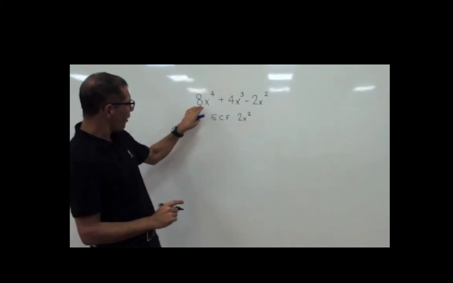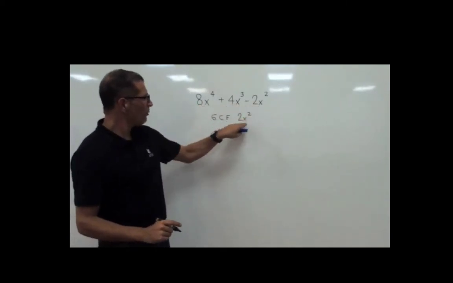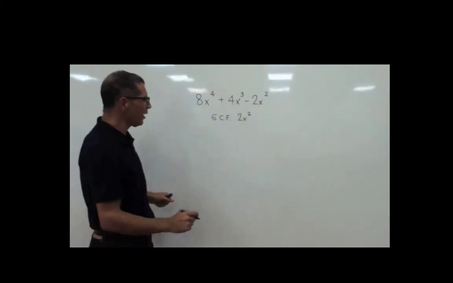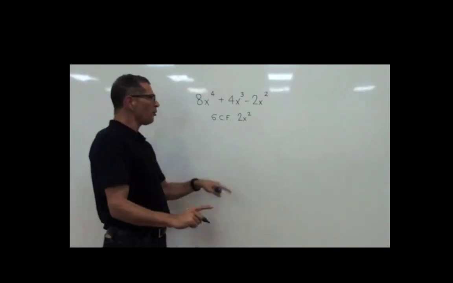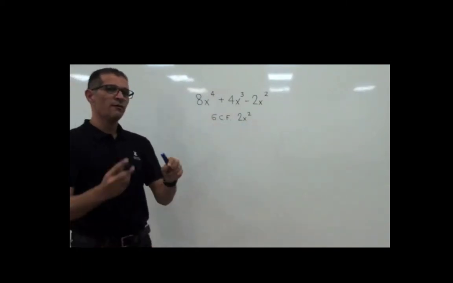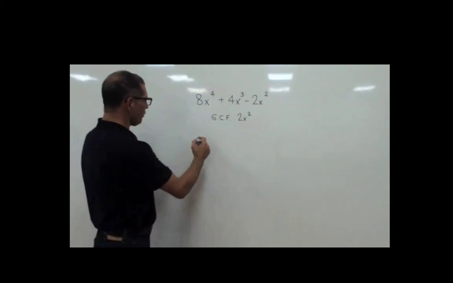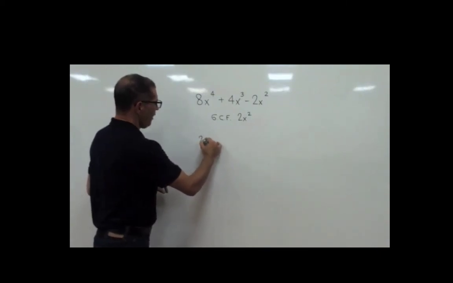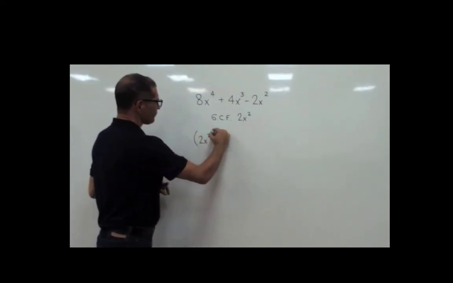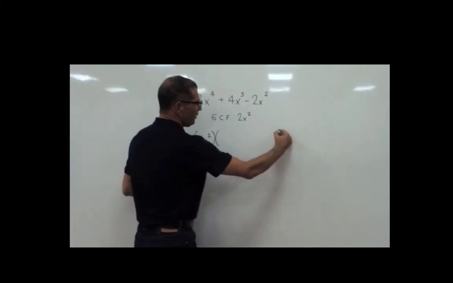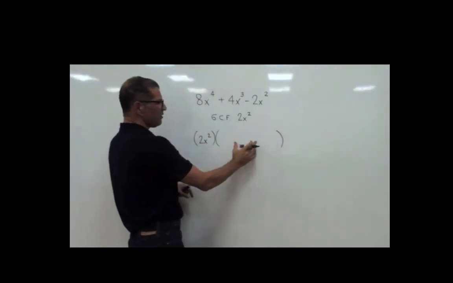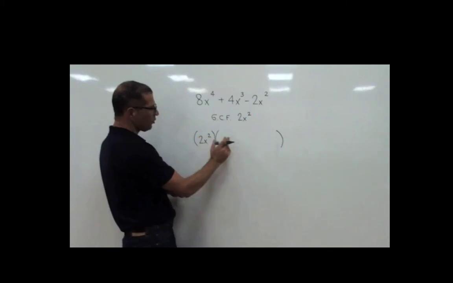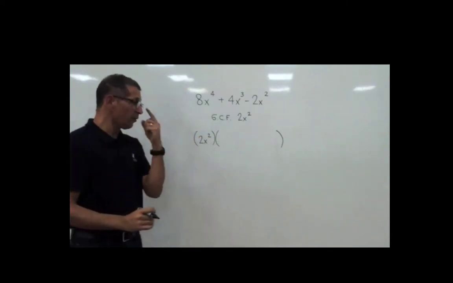Remember, if you don't remember how to find the GCF of monomials, watch video number 3. Now we need to find what goes inside the second factor. First factor times second factor, factorization.